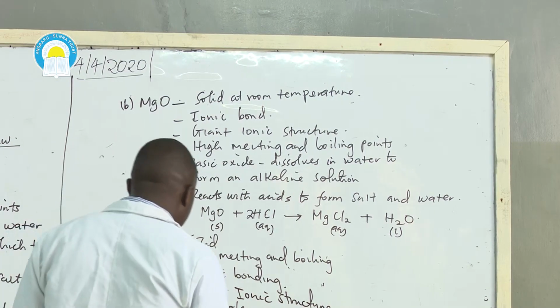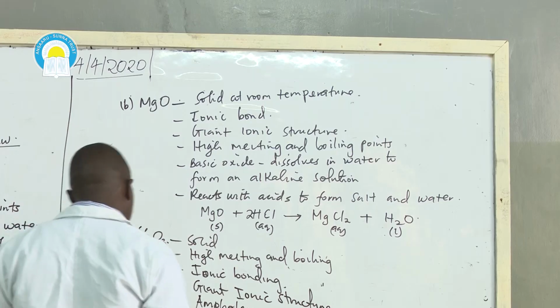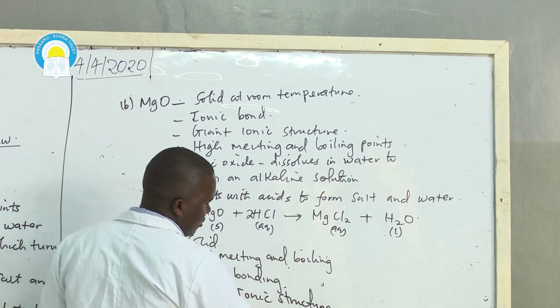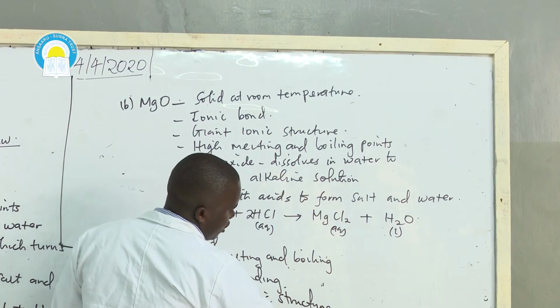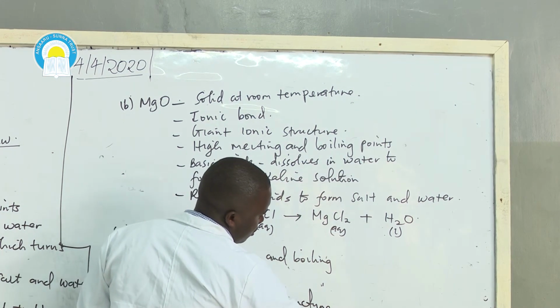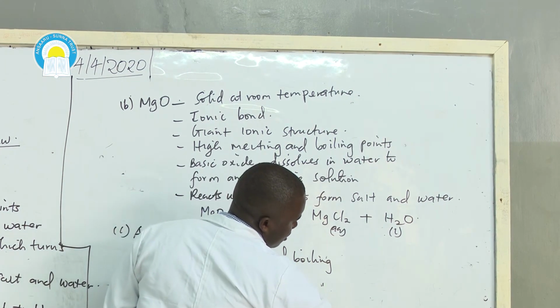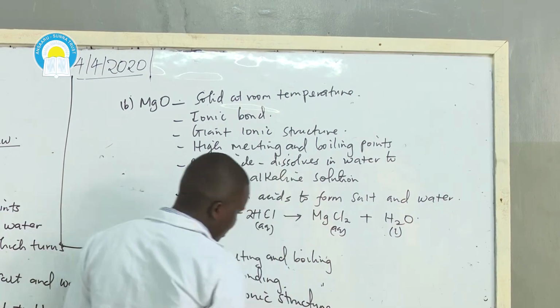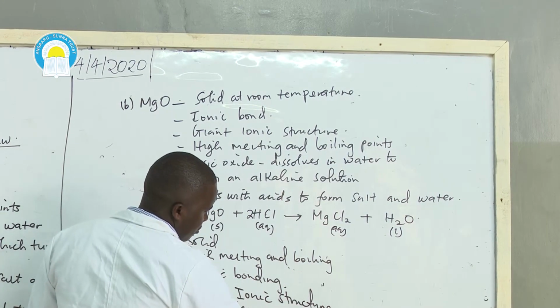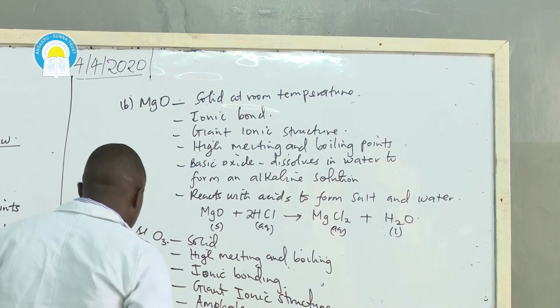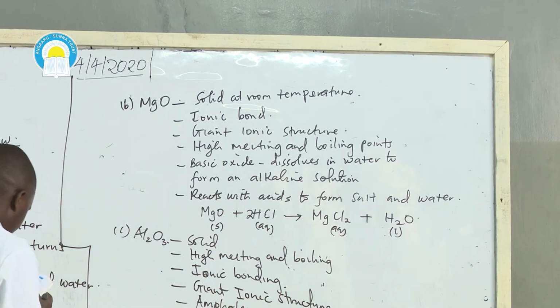Amphoteric oxide, this one we learned in Form 1, reacts with both acids and bases. It reacts with acids and bases, so it has both basic and acidic properties.